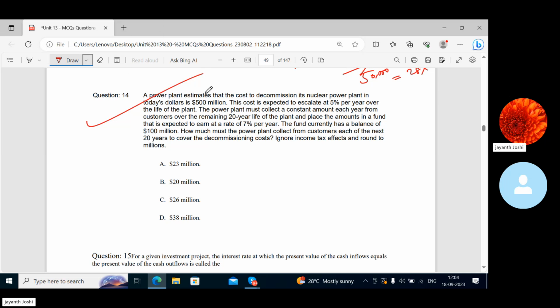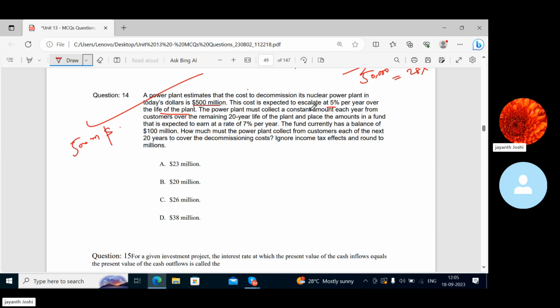So a power plant estimates that the cost to decommission its nuclear power plant in today's dollars is $500 million. This is not commissioning, this is decommissioning. This cost is expected to increase by 5% per year over the life of the plant.